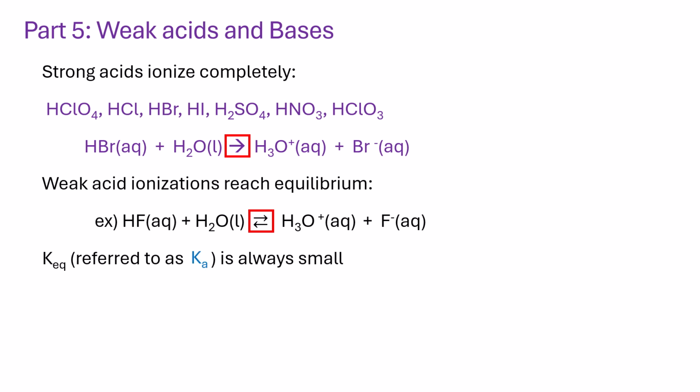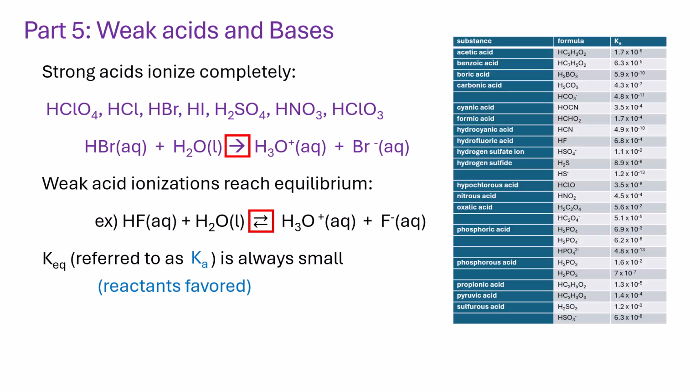So the KEQ for a weak acid ionization, which is also referred to as Ka, is always going to be small, which is another way of saying that reactants are favored. So if you look at a table of Ka values, and again, Ka is just KEQ, but it refers specifically to weak acid ionization reactions, you see these values are really, really small, right?